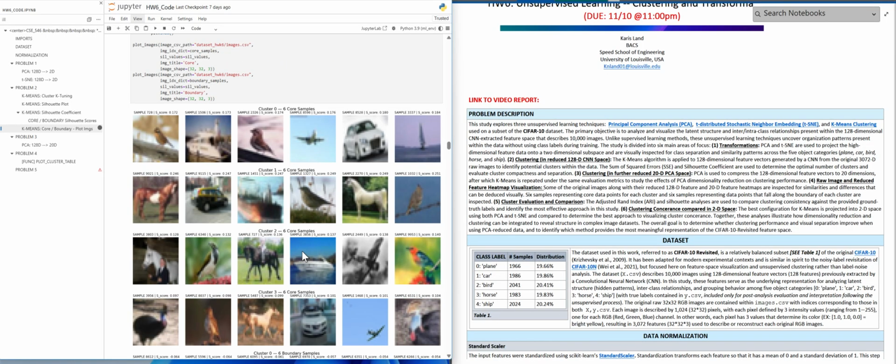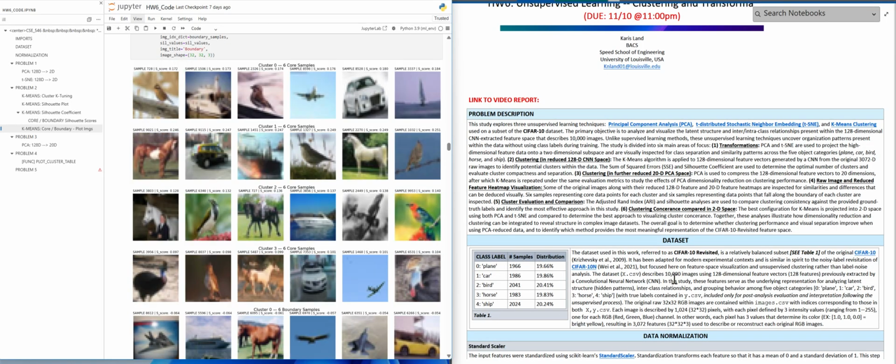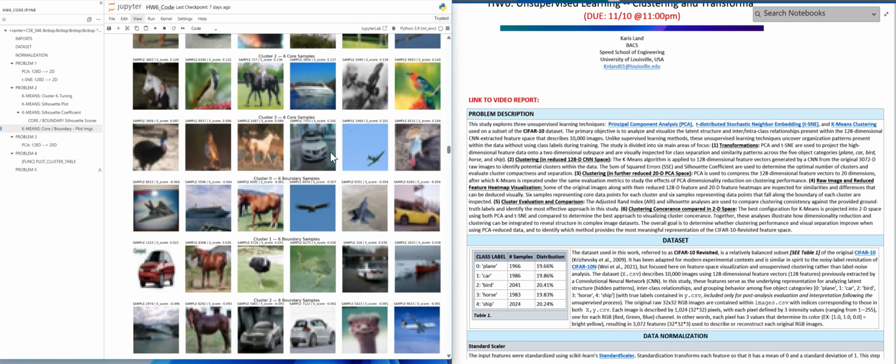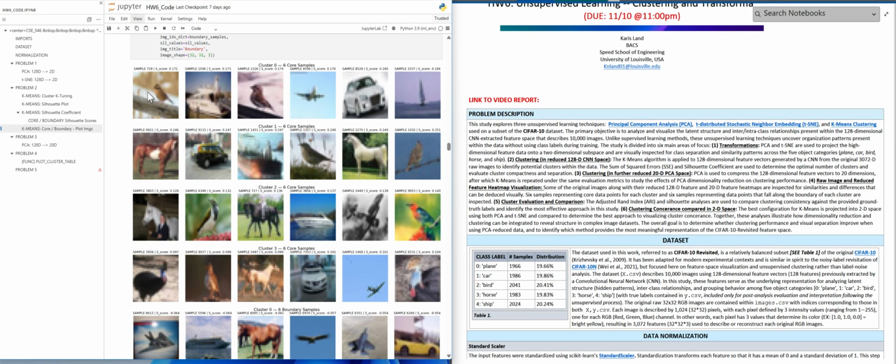So here's the images, and the data set is based on CNN extracted features, so the raw images aren't what k-means is using. I couldn't really make any heads or tails of anything common with any consistency.